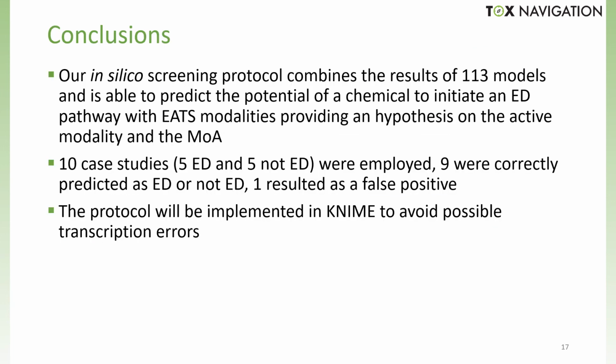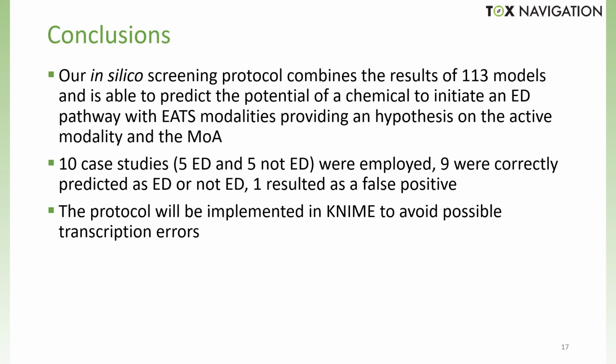So in conclusion, our in silico screening protocol is able to combine the results of 113 models and to predict the potential of a chemical to interfere with the endocrine system, giving a hypothesis on the active modality and the active mode of action.